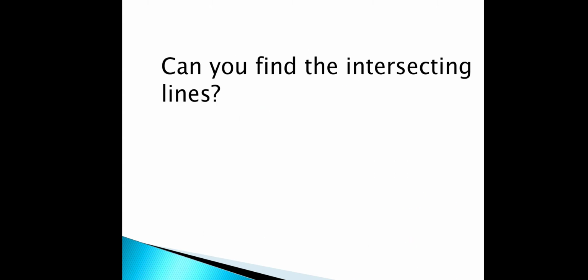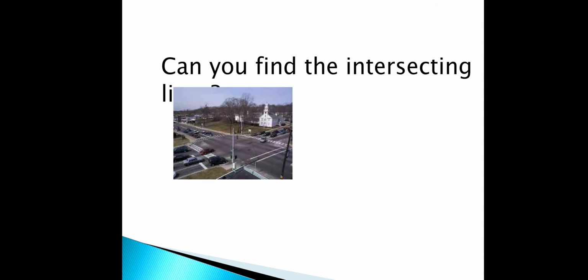Can you find the intersecting lines? In this road, these are the intersecting lines between this road and this road. The car coming on this road and the car coming from this road will meet in this point. This is the part of intersecting roads.